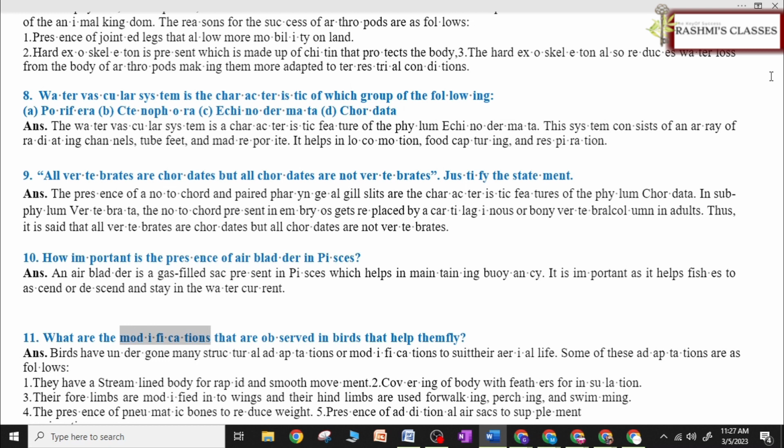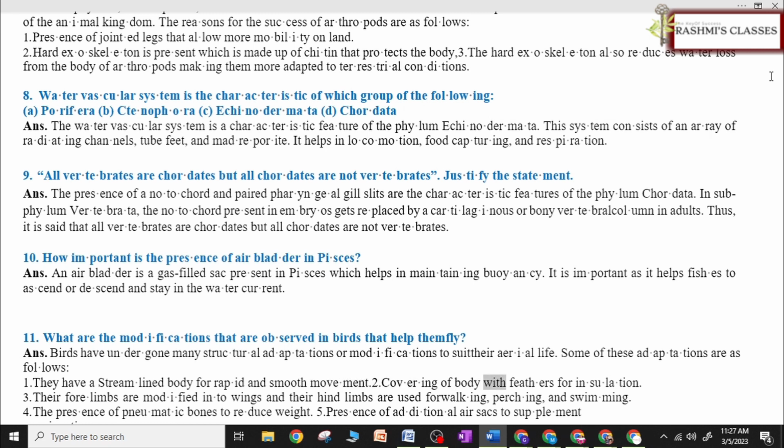What are the modifications that are observed in birds that help them fly? ANS. Birds have undergone many structural adaptations or modifications to suit their aerial life. Some of these adaptations are as follows. 1. They have a streamlined body for rapid and smooth movement. 2.